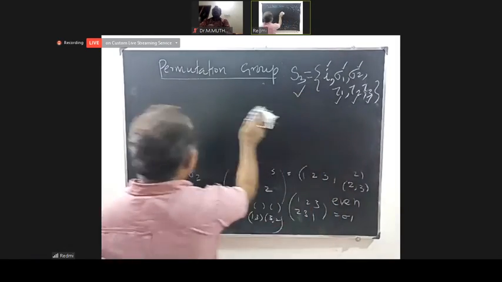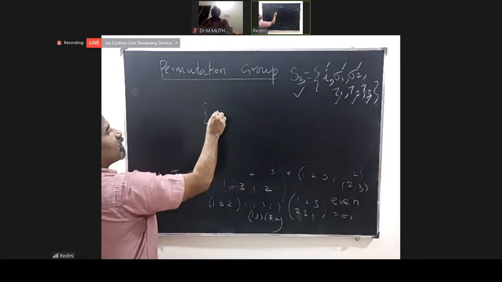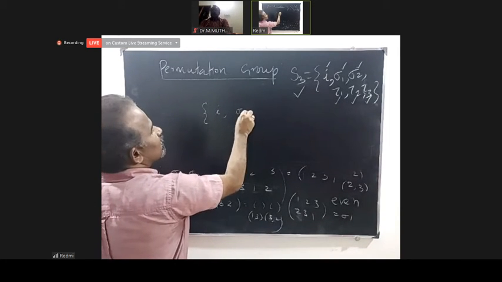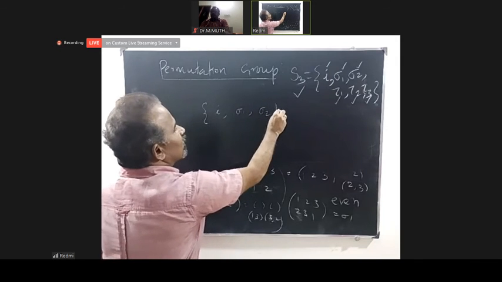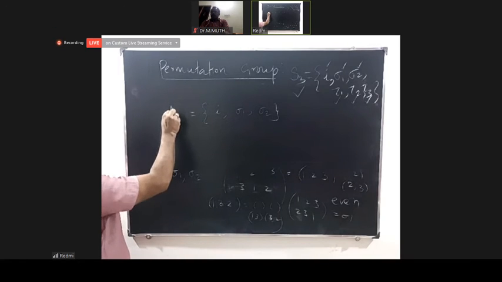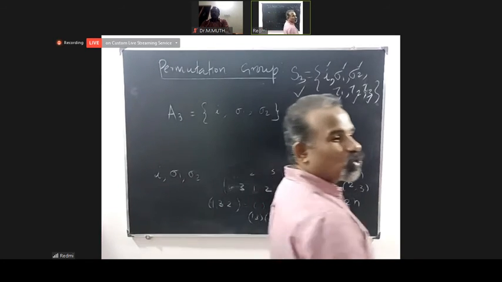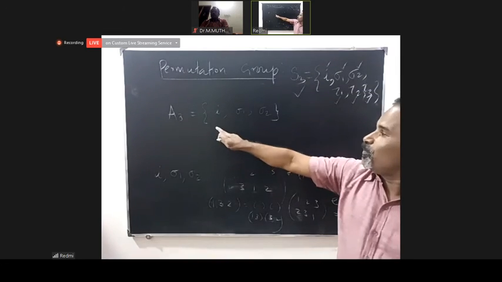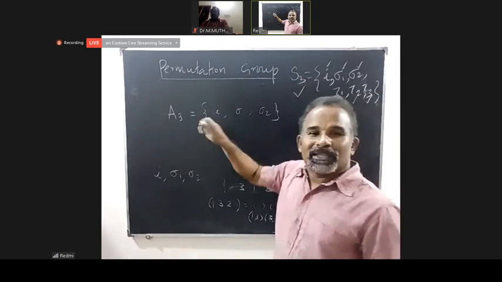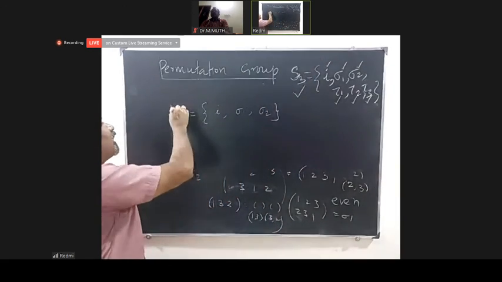If you collect all even permutations, I, sigma 1, sigma 2, you will get the alternating group A3. This is most important. So from S3, we can get A3.